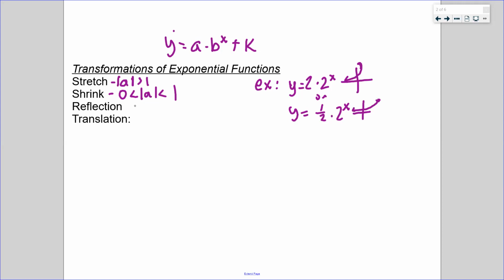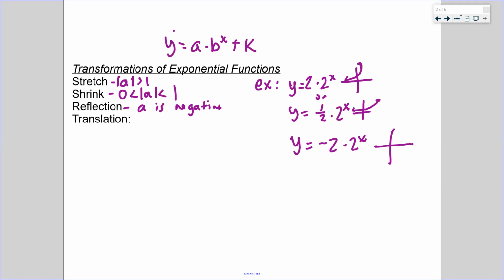Okay, reflection. You have a reflection when a is negative. So for example, if we have y equals -2 times 2 to the x, that reflection happens over the x-axis.